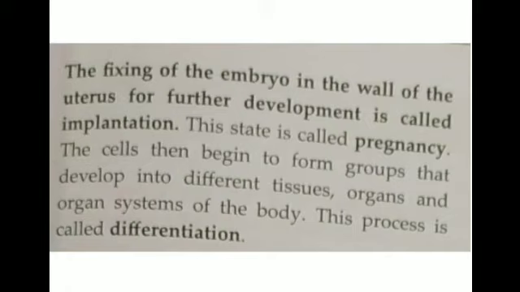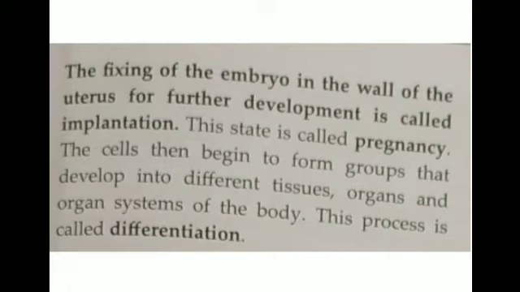You have studied how groups of cells form a tissue, and then groups of tissues form organs and organ systems. This is all happening inside the embryo, and this process is called differentiation. They get specialized for performing different functions. Is that clear? That is how they make up an organ, and then collectively they form an organ system.